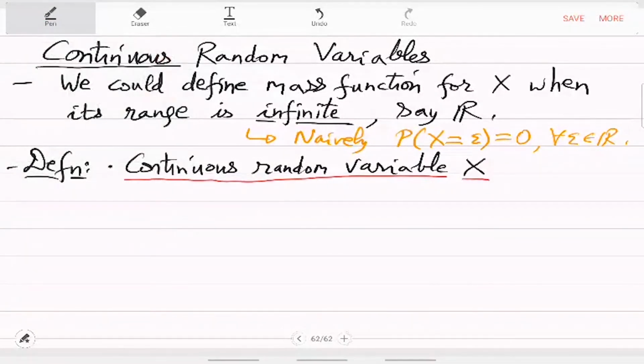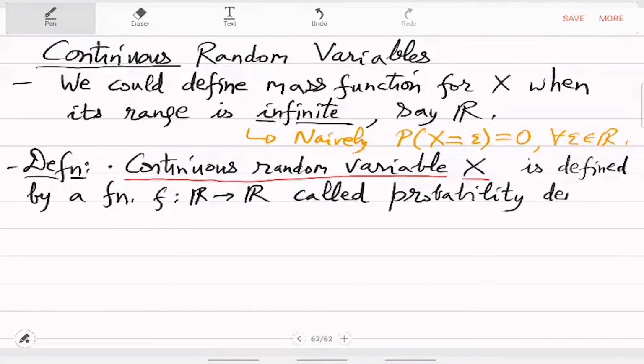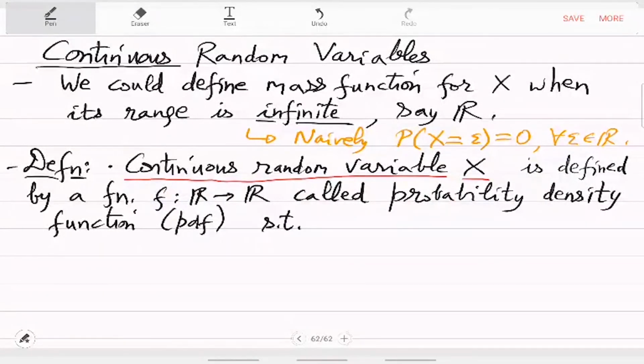So, what is that? It is defined by a function f from reals to reals, called probability density function, shortened to PDF, such that this probability density function will help you to define the mass, but obviously it will make more sense to talk about a range or interval where x is, instead of focusing on one element, right?